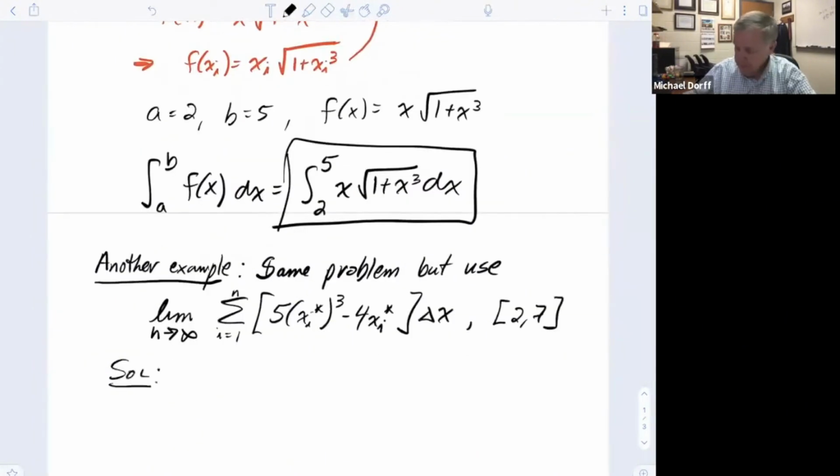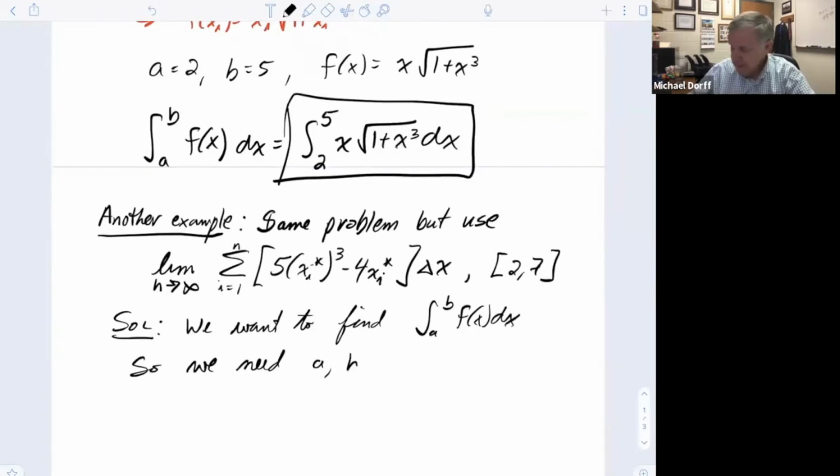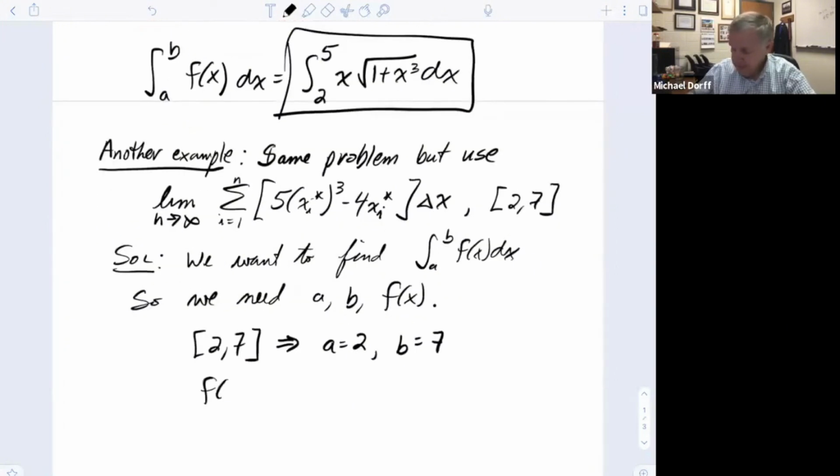So how do I do this? Again, we want to find the integral from a to b of f of x dx, so we need a, b, and f of x. The interval is from 2 to 7, so this tells me a is 2, the first point of the interval, and b is 7. Now I just have to figure out what f of x is.